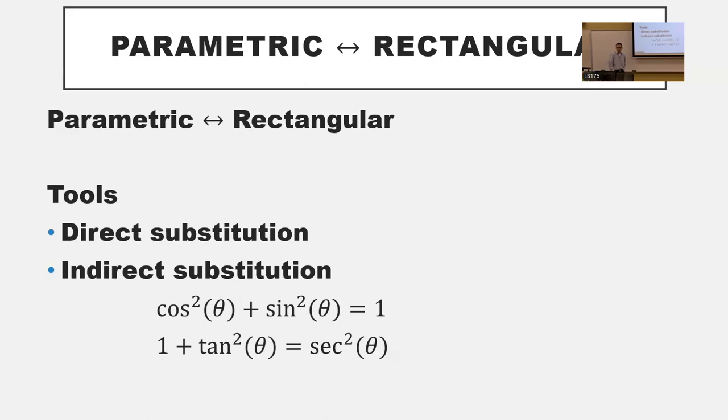And then 1 plus tangent squared of theta is equal to secant squared of theta. Those are the two we'll use. There's lots of others. We could use technically any trig identity, but these two are the ones we're going to be using in this class, because they're related to a couple of really nice equations.